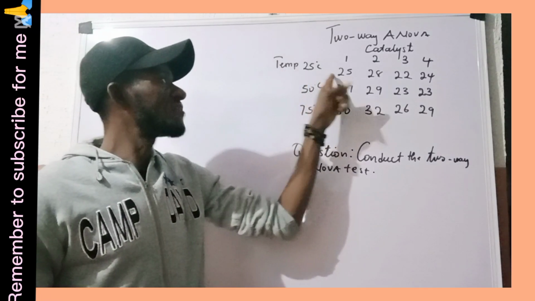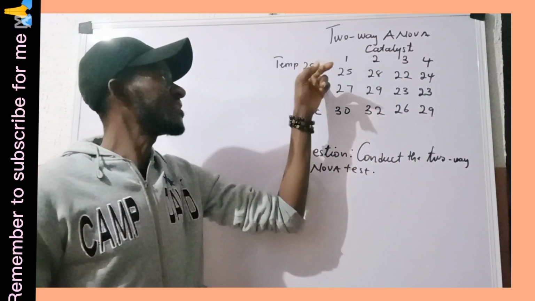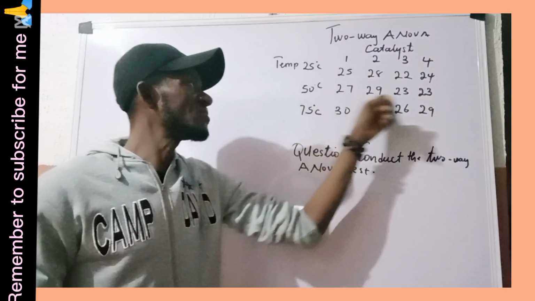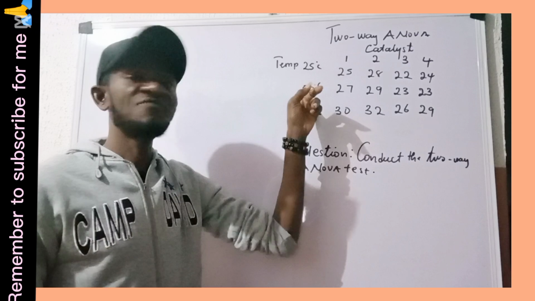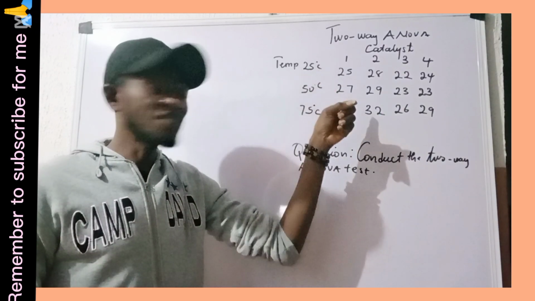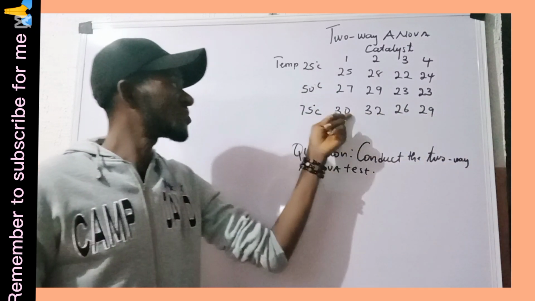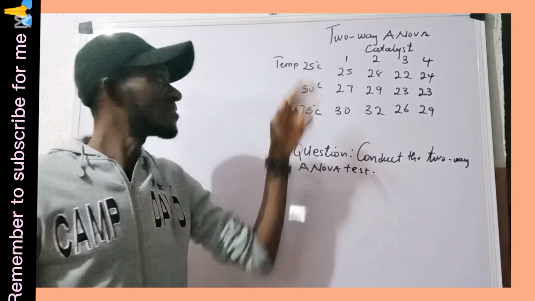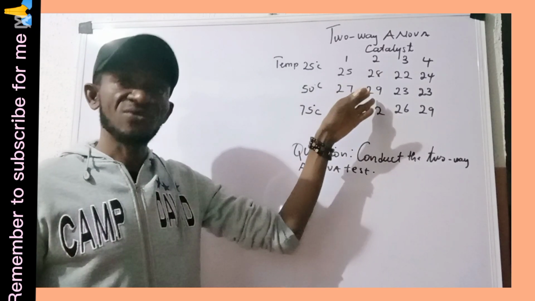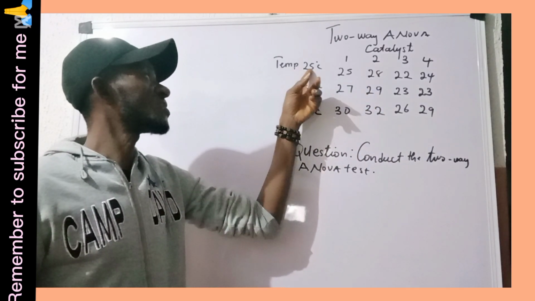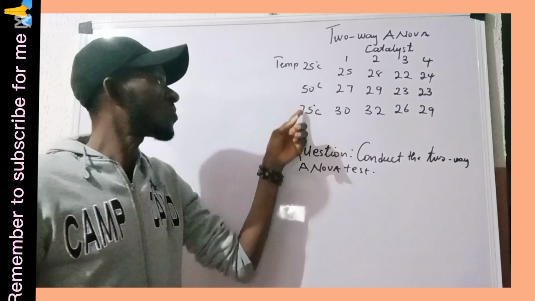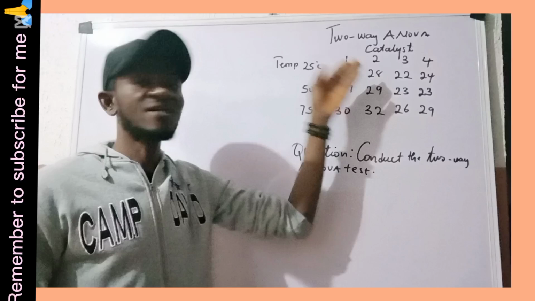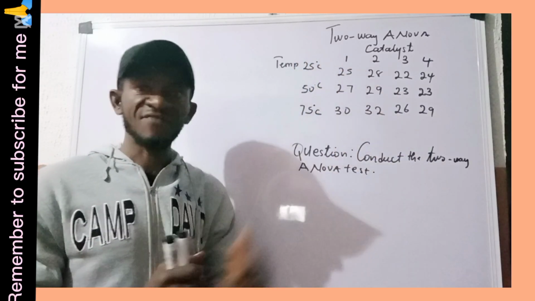If the mean of the observations at 25 degrees Celsius happens to be the same as the mean of the observations from 50 degrees Celsius, and equally the same as the mean of the observations from 75 degrees Celsius, it can quickly be concluded that temperature doesn't have an effect on these observations, because increasing the temperature from 25 degrees to 50 and towards 75 didn't have an effect on these observations, in terms of either increasing or decreasing their values.